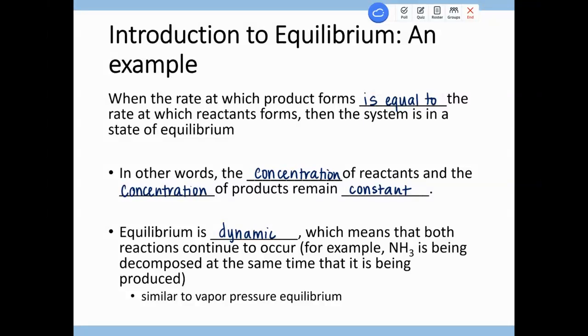The same thing is true for a chemical reaction at equilibrium, where the reaction is forming products in the forward direction and reacting in the reverse direction, but the amount of reactant and product is not changing overall.